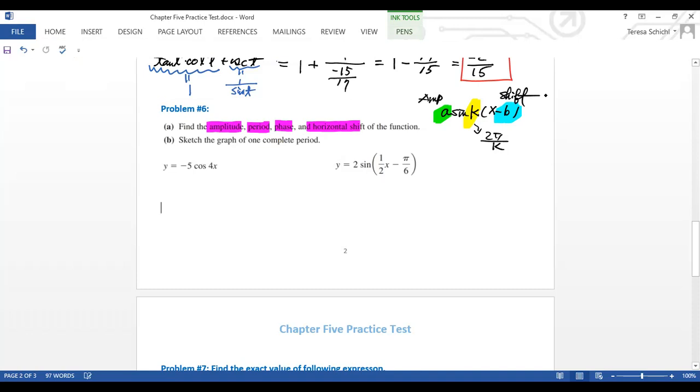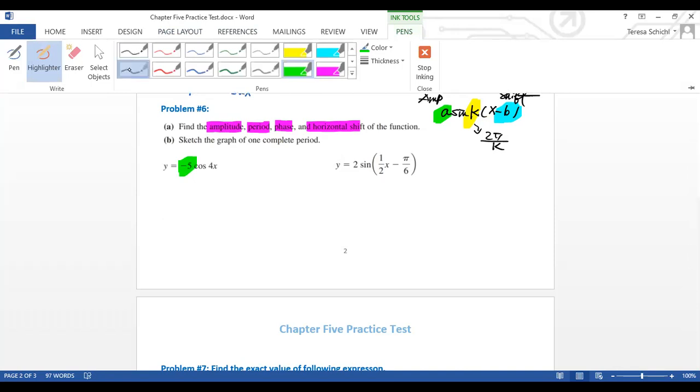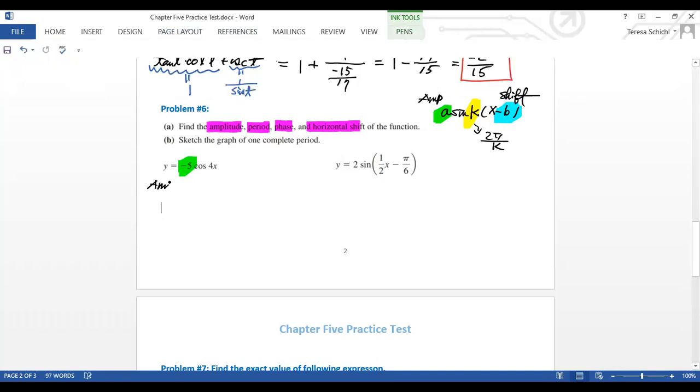Now let's take a look here. They want us to also graph it. First, this one here is 5. We know the amplitude is the absolute value of this, so the amplitude is 5.